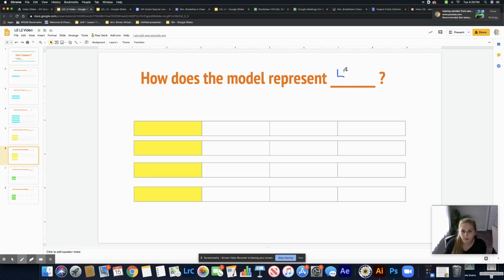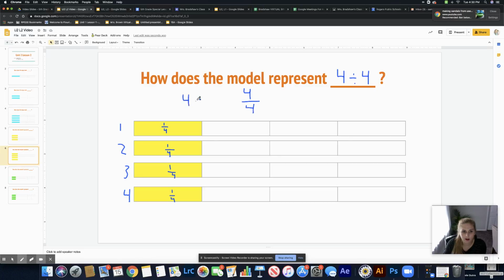Did you get 4 divided by 4? So I saw that I had 1, 2, 3, 4 wholes, and they were broken into 1, 2, 3, 4 parts. So 4 divided by 4. Then I'm going to try to figure out my answer. I have 1/4, 1/4, 1/4, and 1/4. 1/4 plus 1/4 plus 1/4 plus 1/4 equals 4/4.